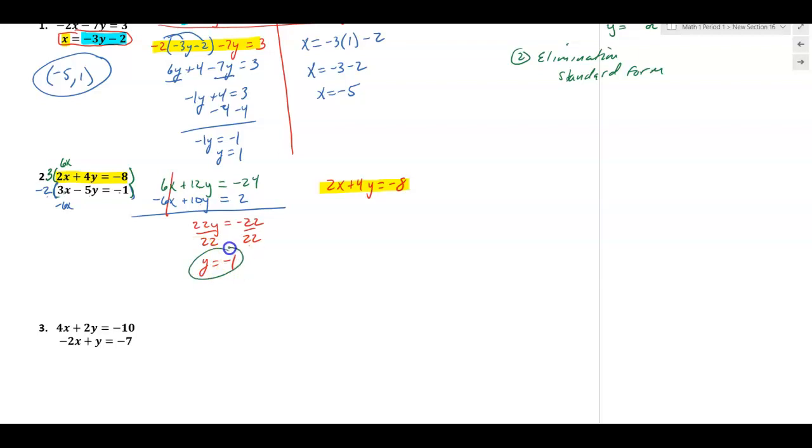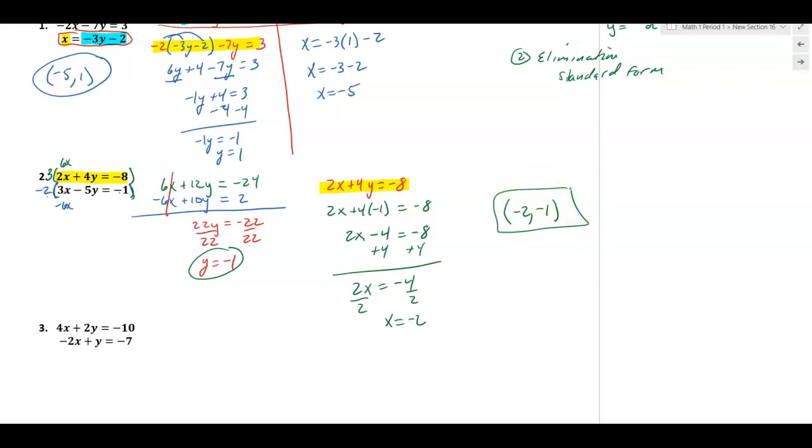Now everywhere I see a y, I'm going to replace it with negative 1. So 2x plus 4 times negative 1 equals negative 8. 4 times negative 1 is negative 4, so 2x minus 4 equals negative 8. I'm going to add 4. 2x equals negative 4. Now I can divide by 2, and x equals negative 2. So our ordered pair solution here would be negative 2, negative 1.